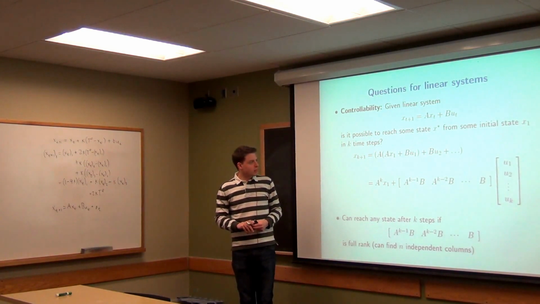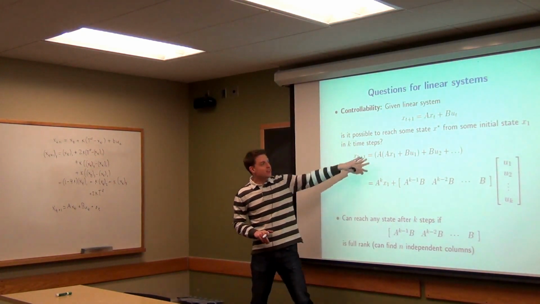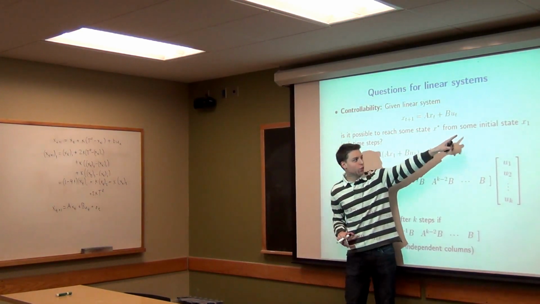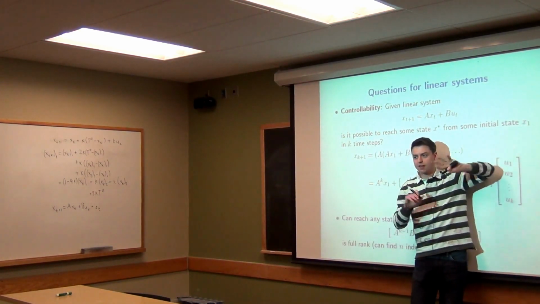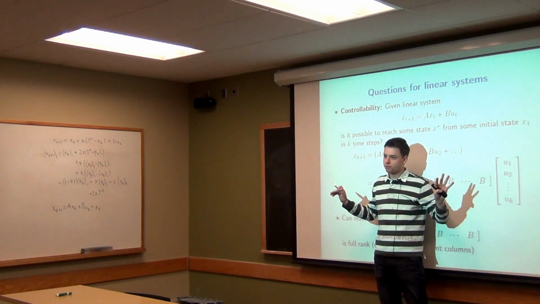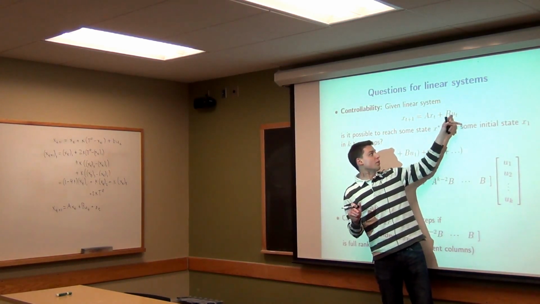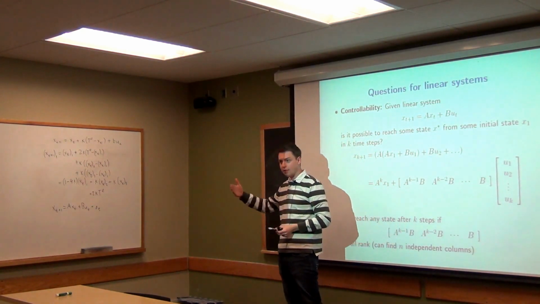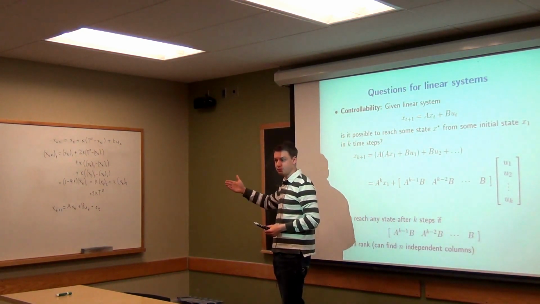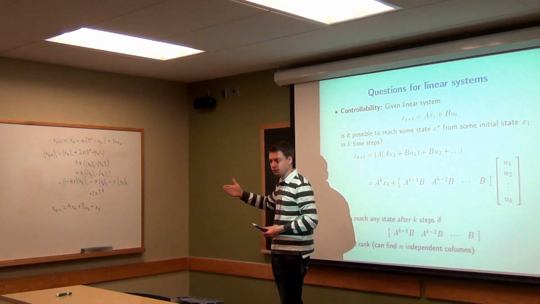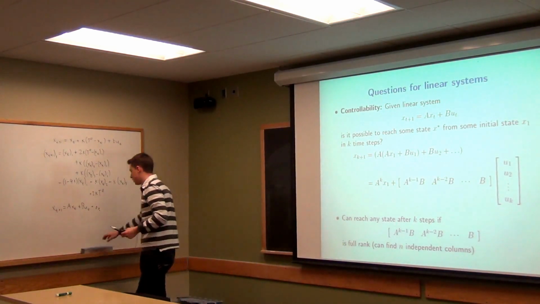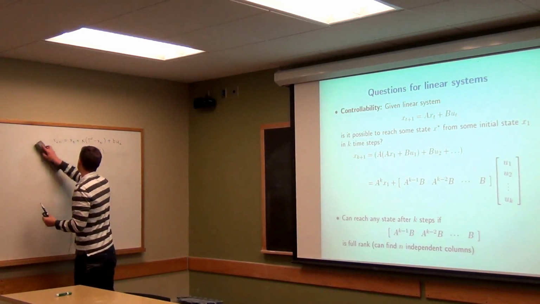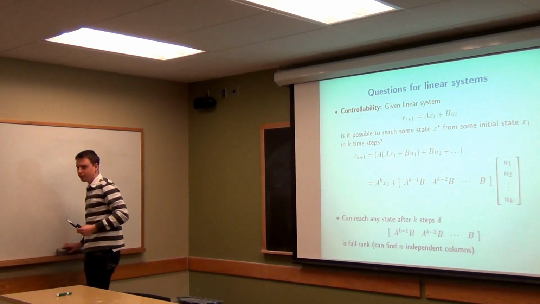And really, the way to answer this is pretty straightforward. Remember, we have control. We know what x1 is. That's given to us. We can't decide what that is. But we can decide the control inputs for every time in between. So now we can just write out what the actual states are at the different times.